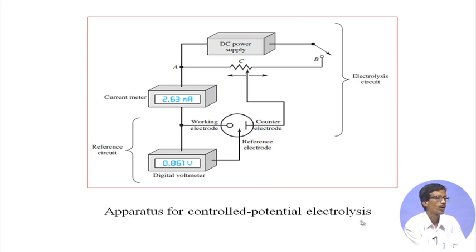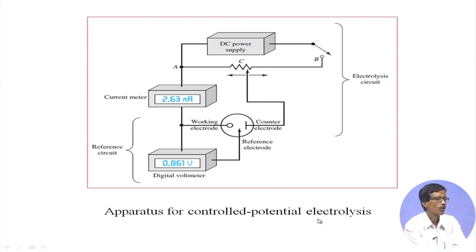So, if you go for exhaustive electrolysis, that means the presence of the analyte within the solution medium is nil or 0 when you go for complete electrolysis, in terms of oxidation or in terms of reduction.